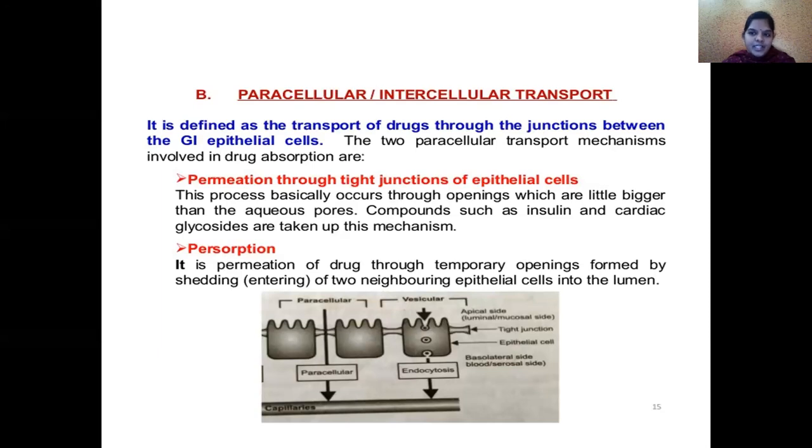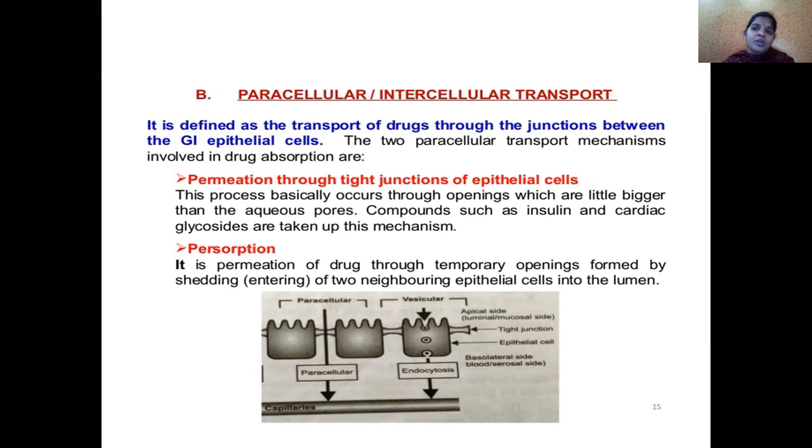Intracellular or transcellular mechanisms, paracellular or intercellular, and endocytosis, or vesicular transport systems. Till now we discussed only intracellular and transcellular transport.